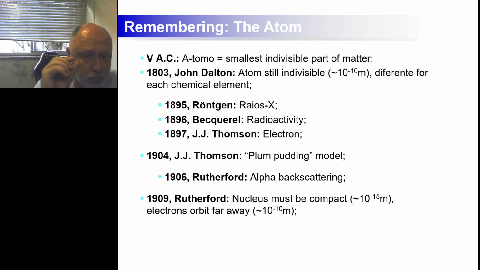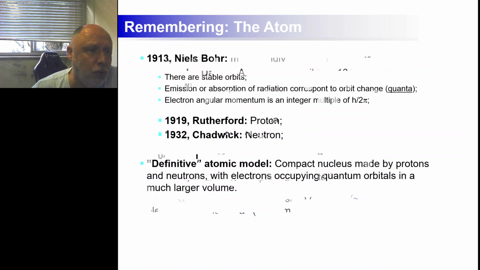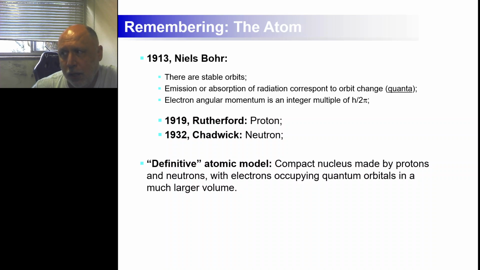So the nucleus must be very compact, just 100,000 times smaller than the atom itself, and the rest of the atom is just empty space with electrons crossing it. So we have some idea of the atom, and then there came quantum mechanics.